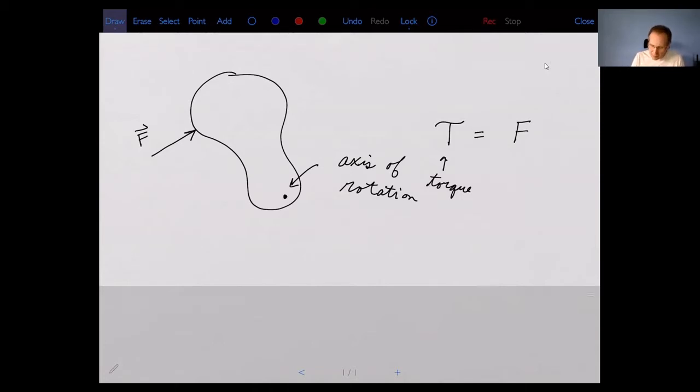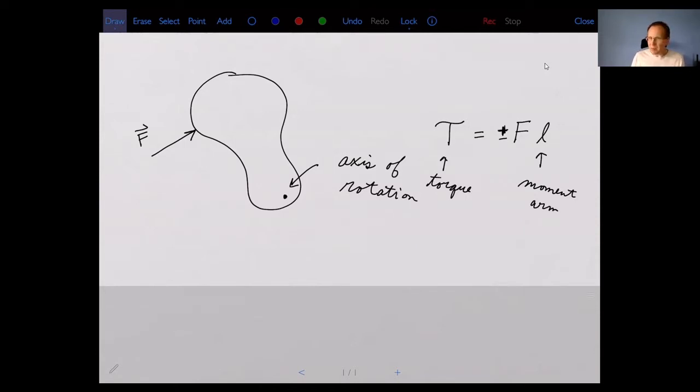And it also depends on a special length, which I'll call L here. This is what we call the moment arm. And it turns out, at least for the two-dimensional case, that the torque could either be positive or negative. I'll explain in a second how you figure out that sign, whether it's positive or negative.